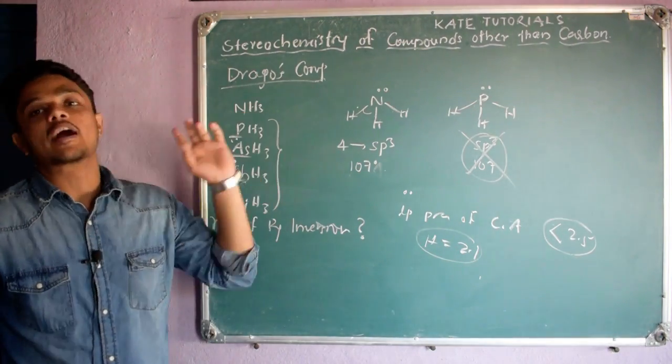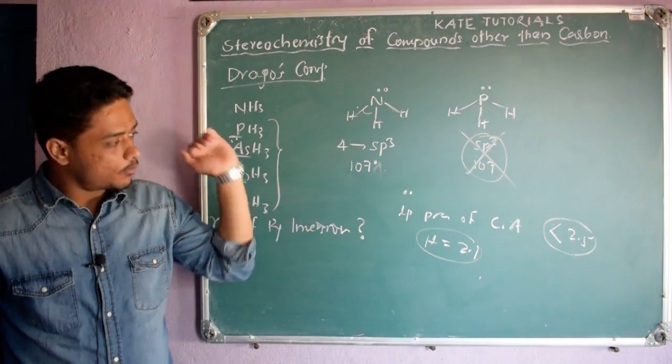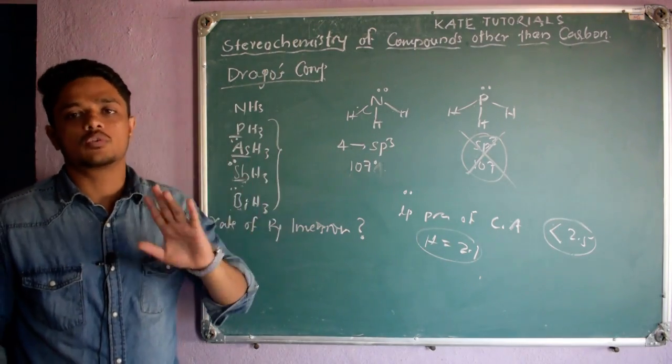We know the electronegativity of hydrogen is 2.1. That is what we call Drago's rule. About that rule, I will make a separate video, so no need to worry, right?